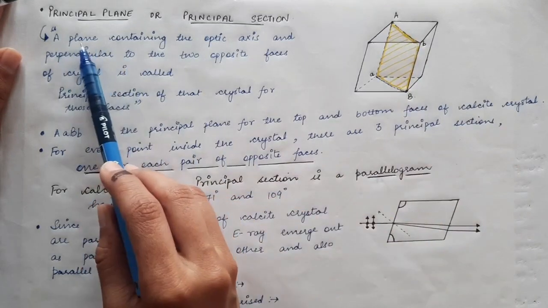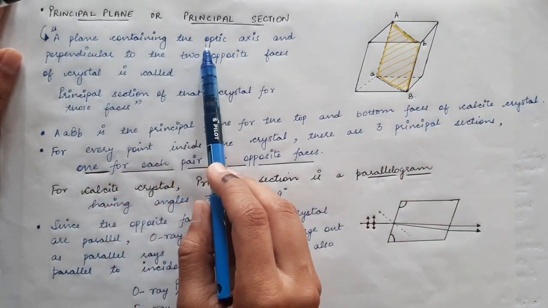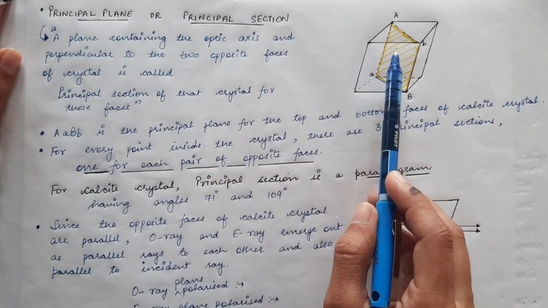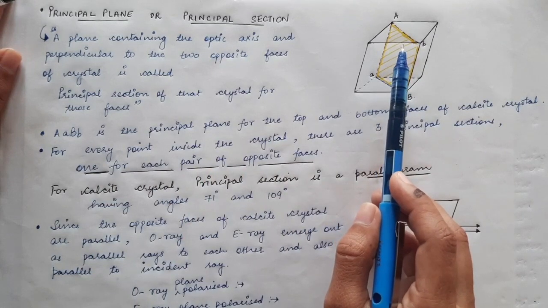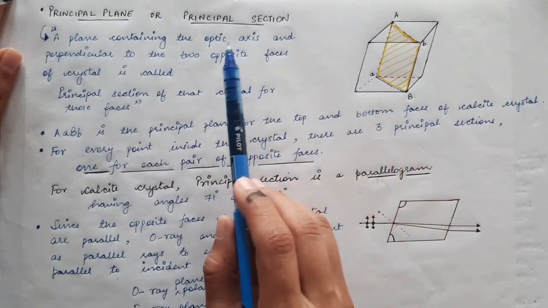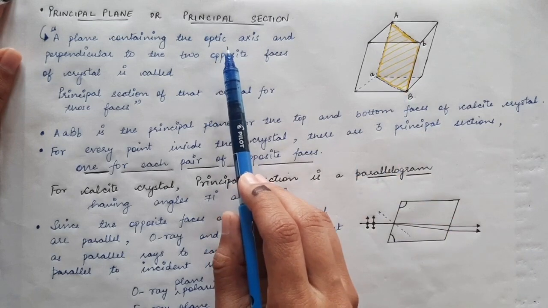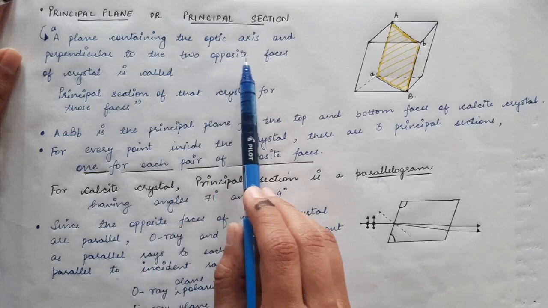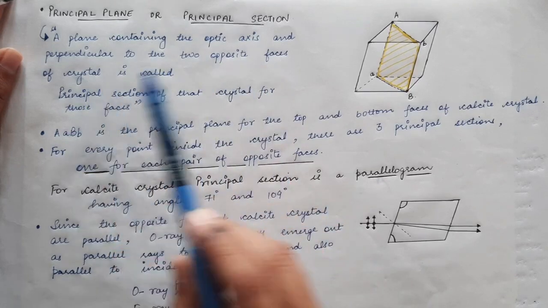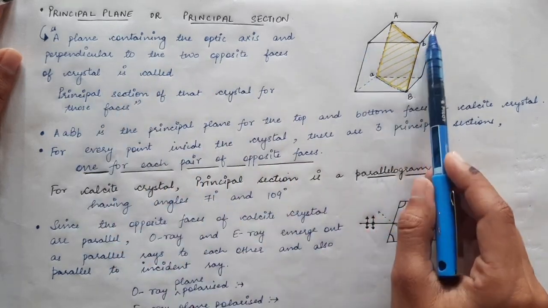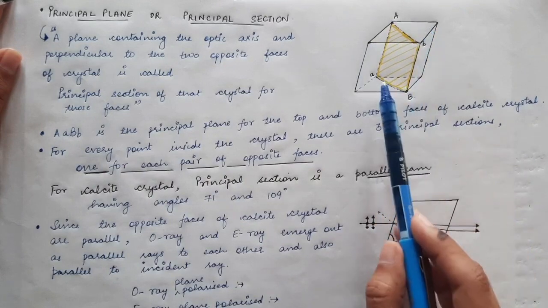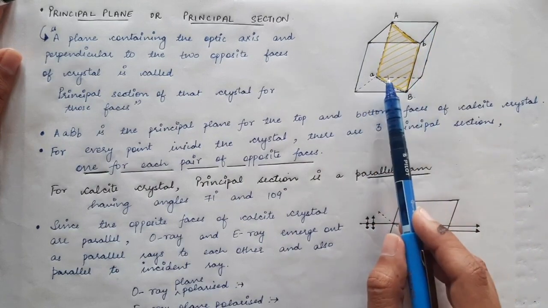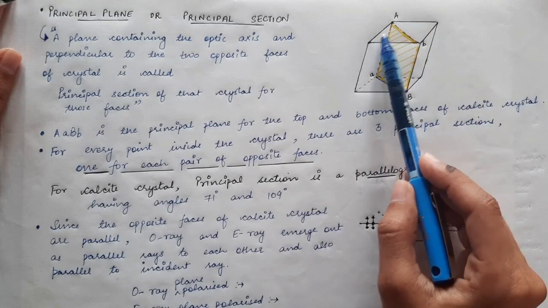Now I will draw a plane inside this crystal that contains the optic axis, and it should be perpendicular to the two opposite faces of the crystal. So let's say I take the face at the top and the face at the bottom. For the time being I am just talking about these two faces.